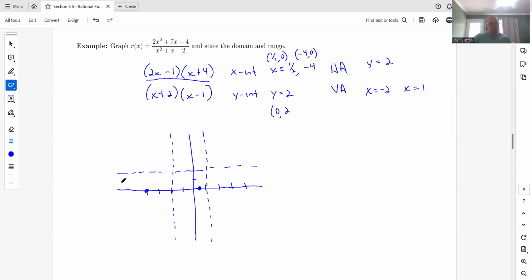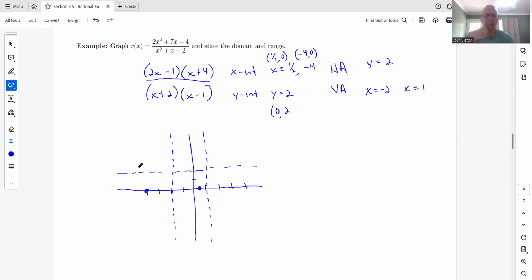All right, so now remember, the graph does not cross the vertical asymptotes. It may or may not cross the horizontal. So just kind of be open to that. So the way we can decide, is it coming like this? Is it coming like that?